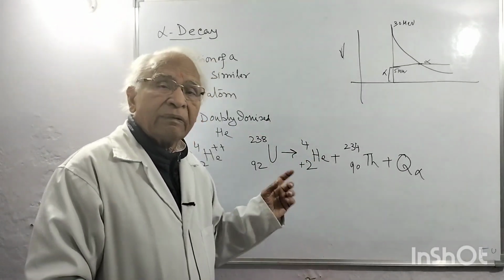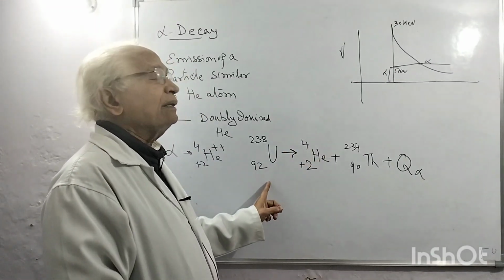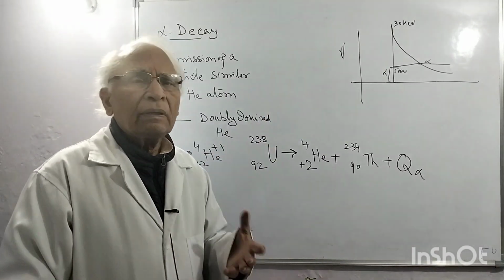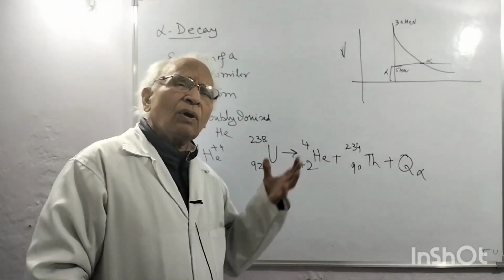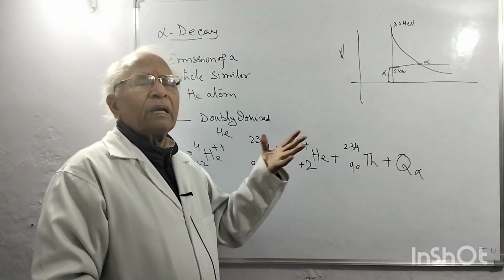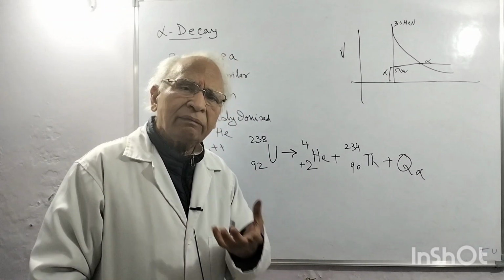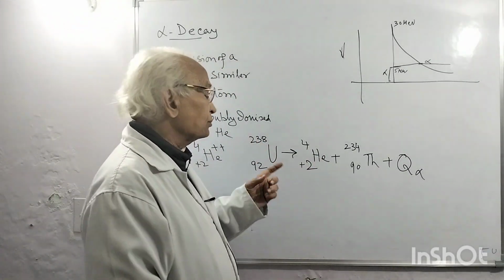So that means alpha is free inside the uranium or any other element, radium, polonium, americium, whatever. Almost all the heavy nuclei are alpha radioactive, because alpha is not bound there. Alpha is produced, it is free, and with some kinetic energy it can come out.